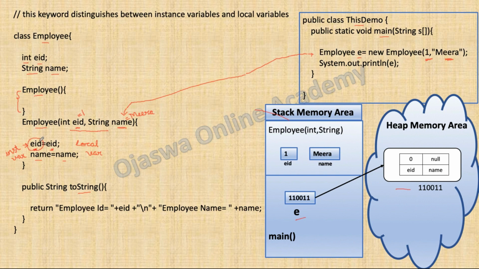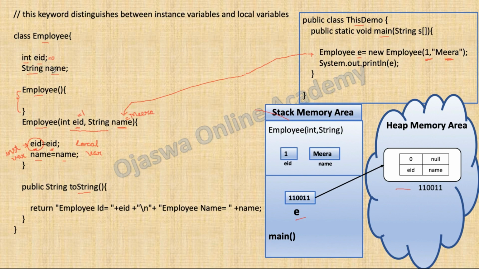Hence, because of the confusion, the values of the local variables are not assigned to the instance variables. Because the interpreter doesn't understand that the variable to the left is an instance variable, it doesn't assign any value to it. And what are the default values of instance variables? By default, when there is no value assigned to an instance variable of type integer, the default value is 0.